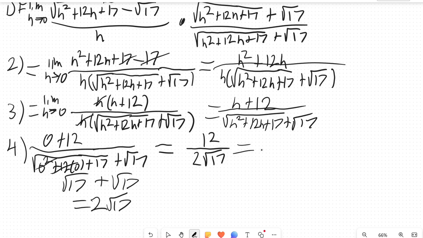This can also be simplified further into 6 over square root of 17 as our final answer.